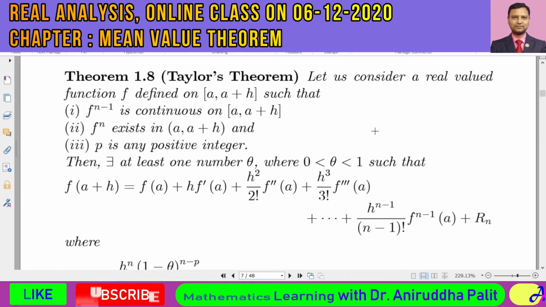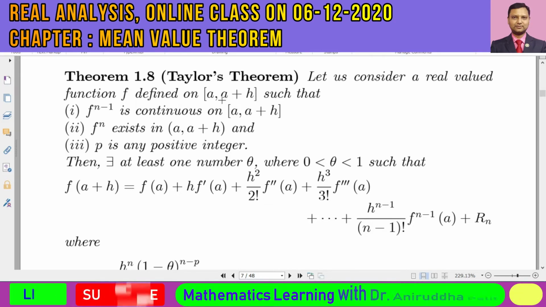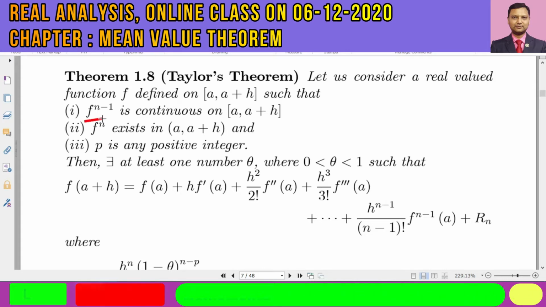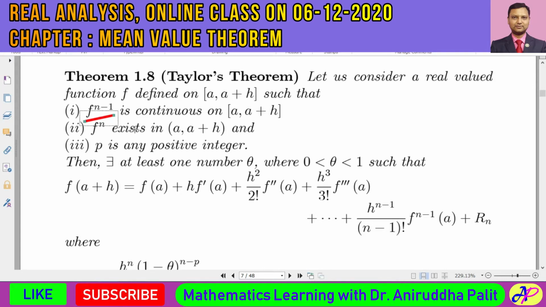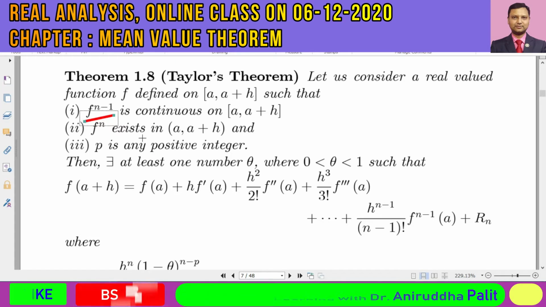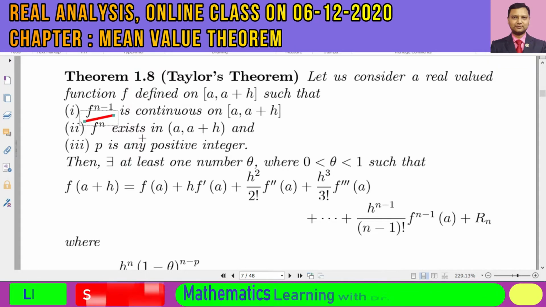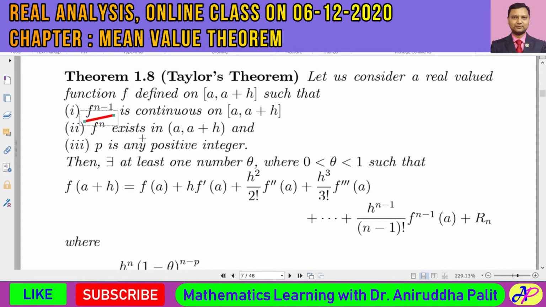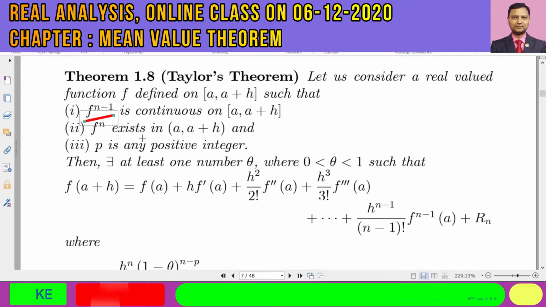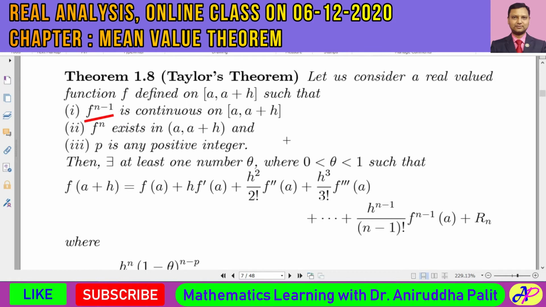And in that case, we need a few more conditions. What are the conditions? These quantities, f^(n-1), should also be continuous in the closed interval, not just for sufficiently large n, rather for all larger n, this f^(n-1) must be continuous.